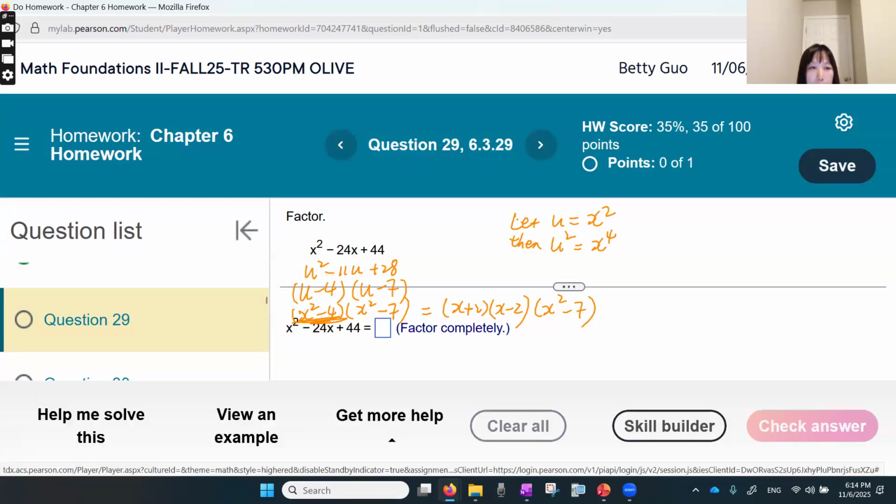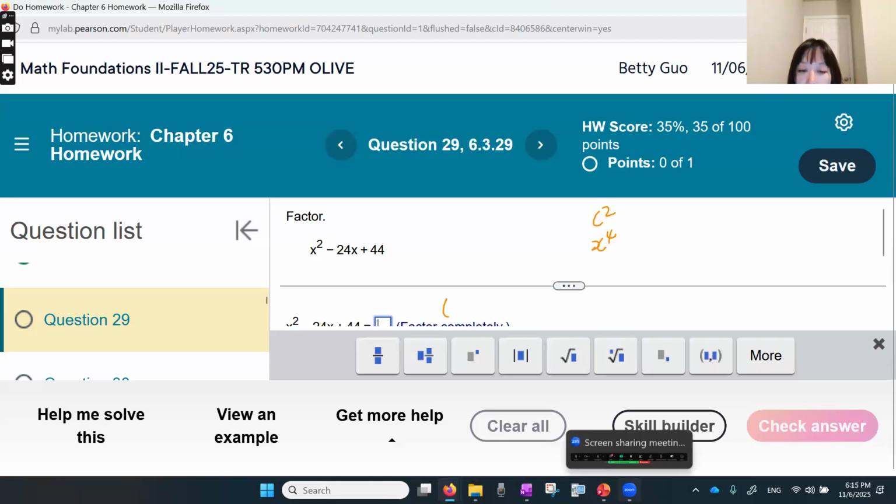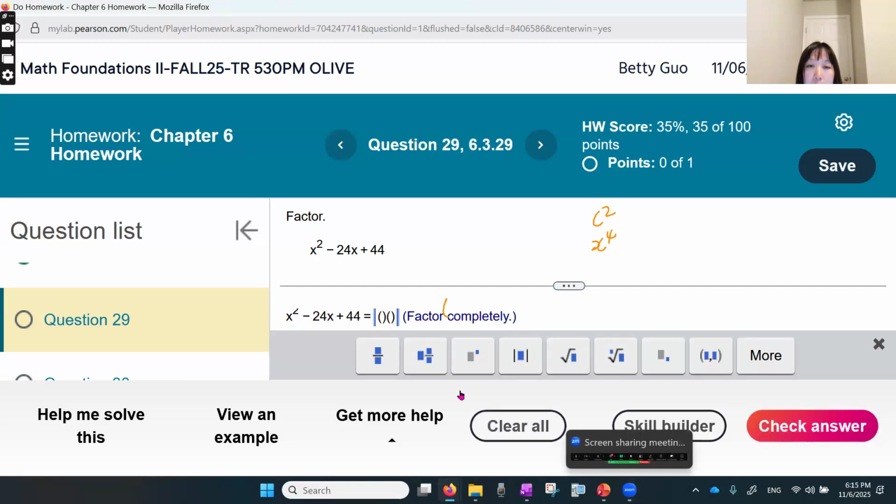29. Erase. All right, this one, a quadratic trinomial with leading coefficient 1, right? Just a simple shortcut. Parentheses, parentheses.